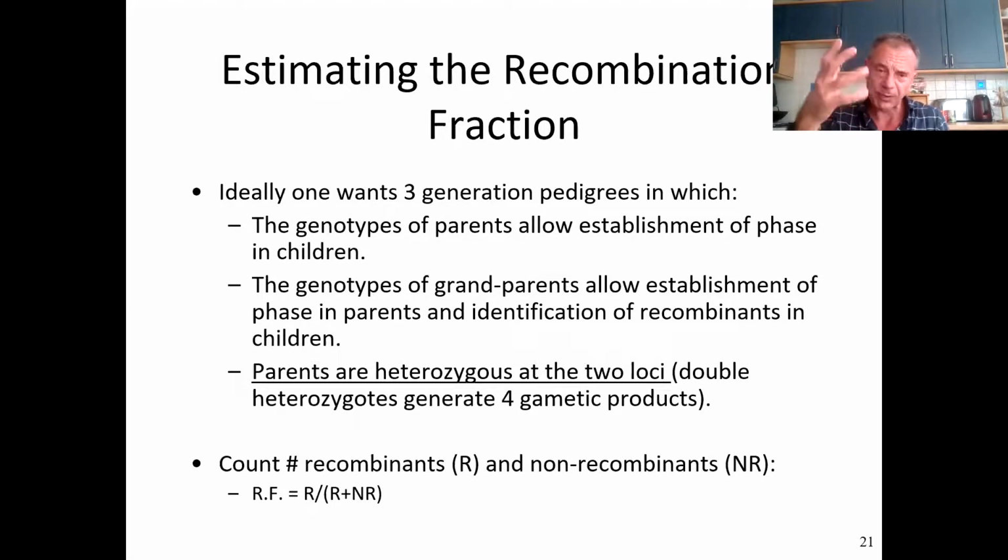So this is kind of from the ground up, what we can do with a sort of ideal three-generation pedigree like this: the information from the grandparents can give us information about the phase in the parents. Then, in order to be able to see whether recombination is happening or not, the parent has to be heterozygous at both loci.